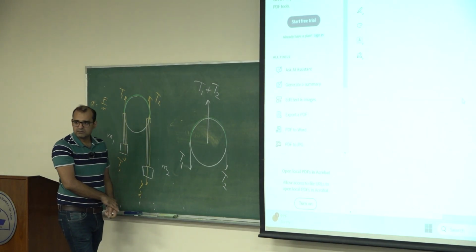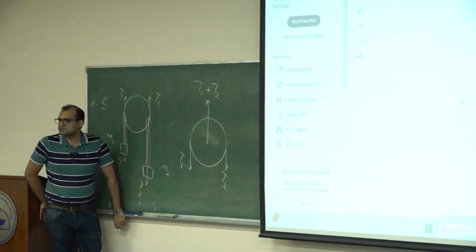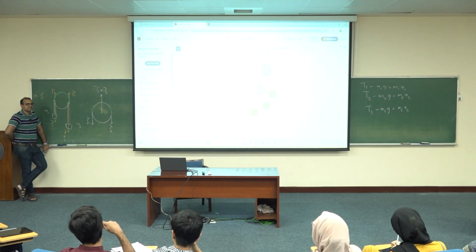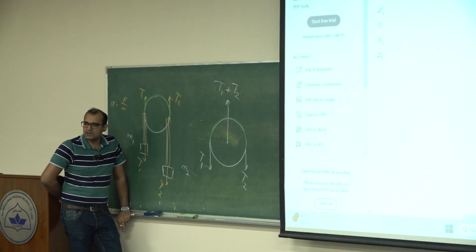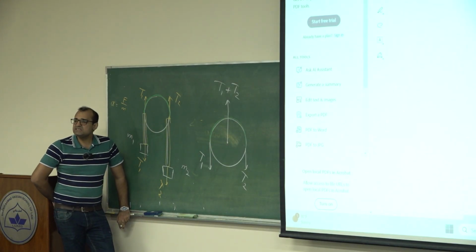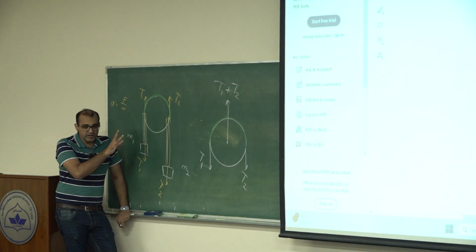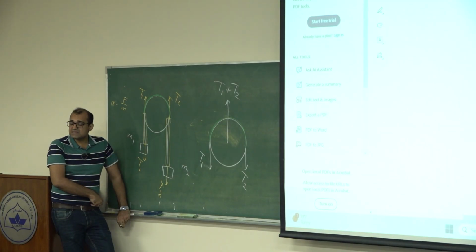Now something rotates depending on, roughly speaking, and we'll make it more precise when it comes to rotations, the lighter something is, the easier it is to rotate. If you make a disc out of aluminium, that is much easier to rotate compared to a disc made out of lead. So if your pulley is massless, that means it's very very easy to rotate it.